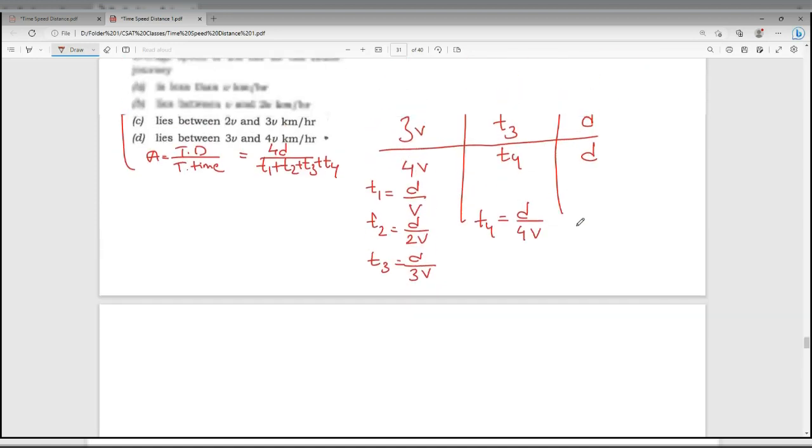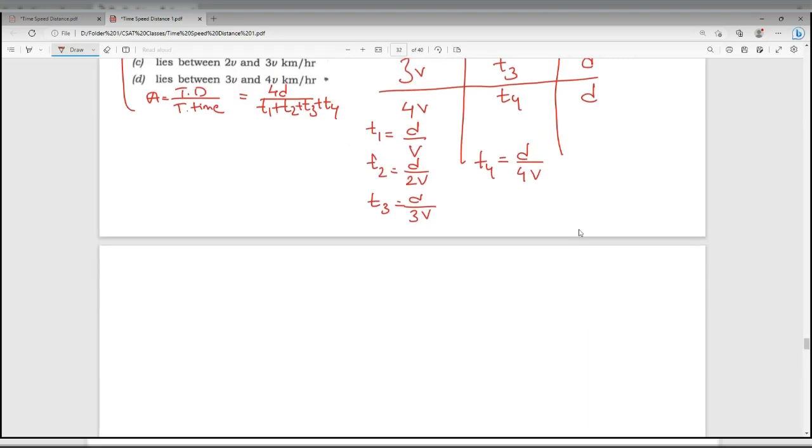So let's substitute here. Average is equal to 4d divided by t1, which is d by v, t2, which is d by 2v, t3, which is d by 3v, plus d by 4v.